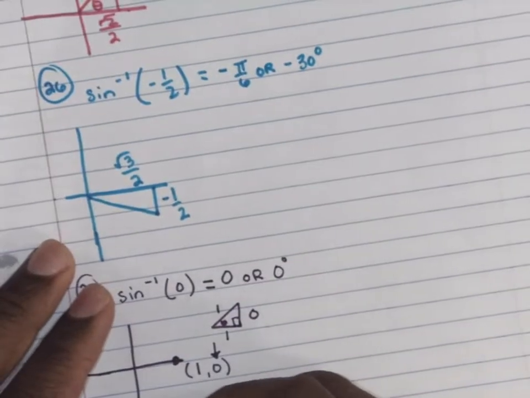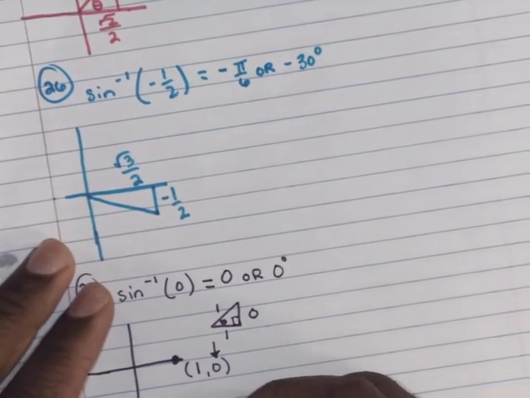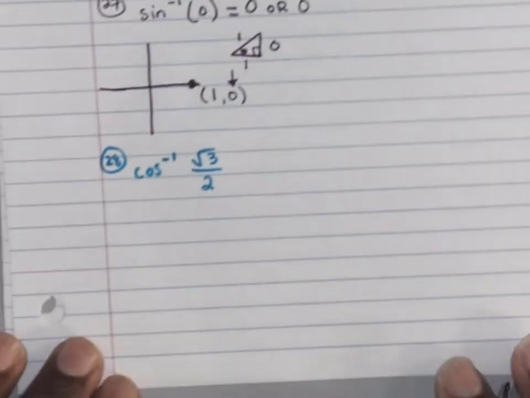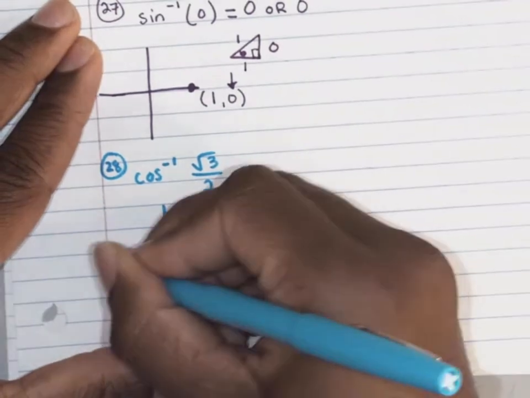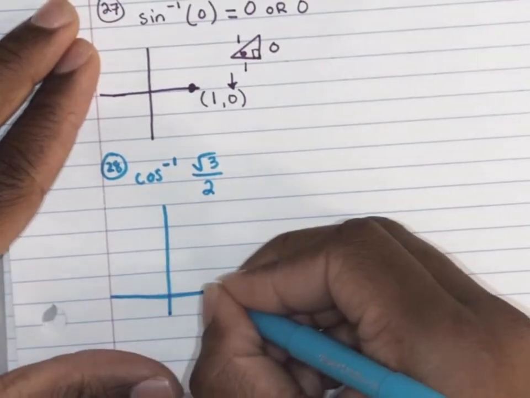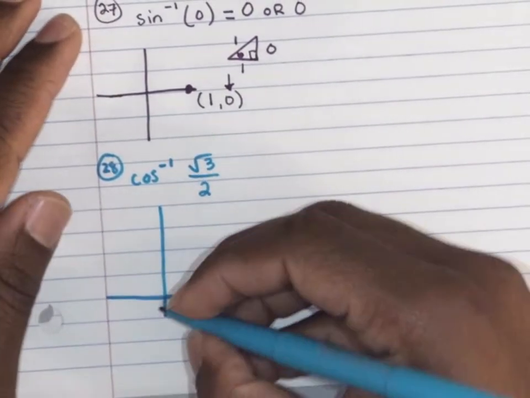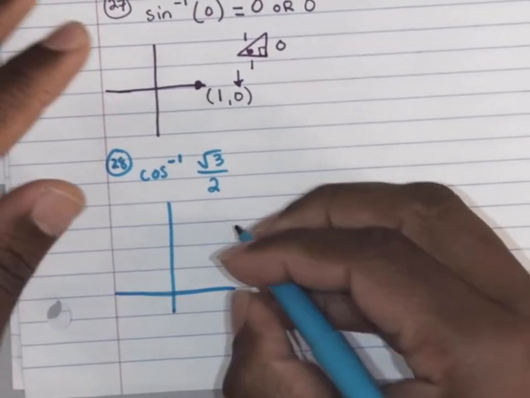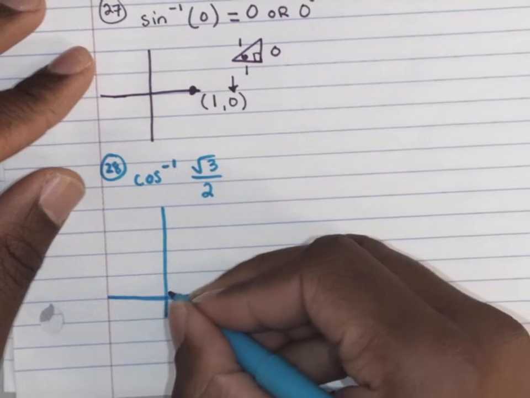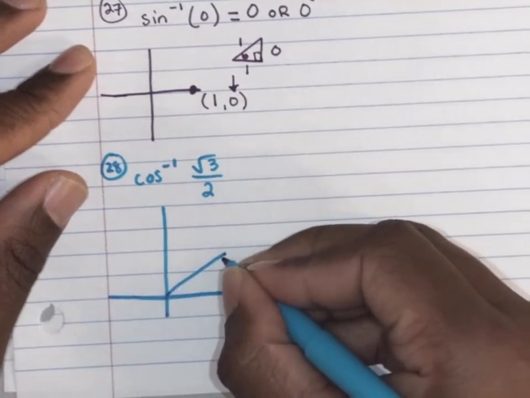Cosine inverse of root 3 over 2. All right, so I'm in the first and the second quadrant for cosine. I know cosine is positive in the first quadrant, so that's the angle I'm looking at. And I know that the x is root 3 over 2 at the 30.